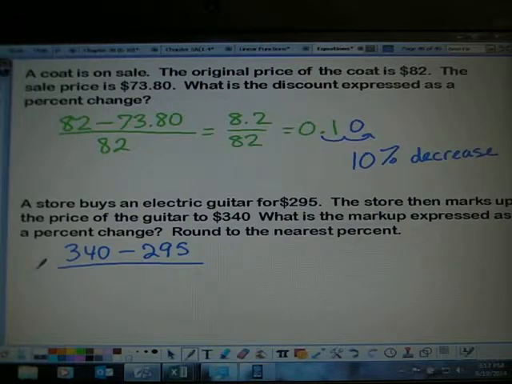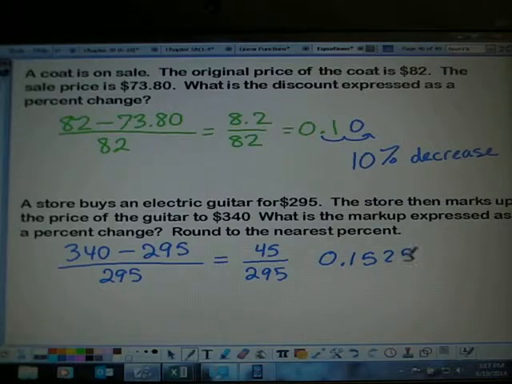Now, what was the original price? What price did the guitar start at? It started at the 295. So sometimes it's the smaller number, sometimes it's the bigger number. It's whatever the original number was. Subtract those two numbers and you get 45 over 295. And then divide and you get 0.15252.